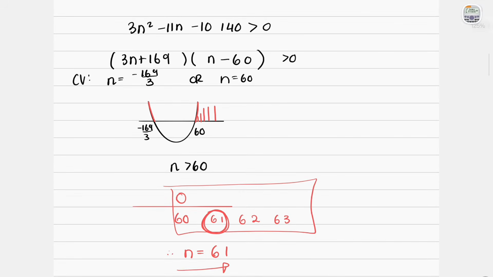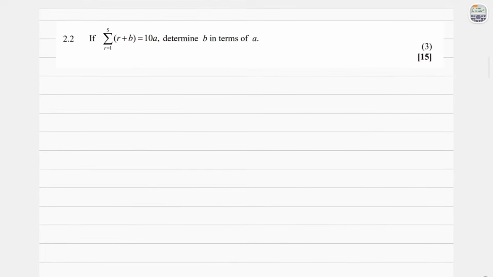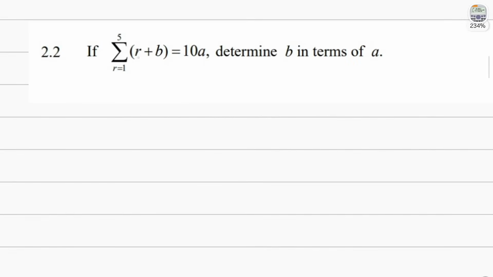Moving on to the next question. Question 2.2 says, if we have the sum of the series r plus b, starting at r equals 1 and ending at r equals 5, and the sum of that series is equal to 10a, we need to determine b in terms of a.